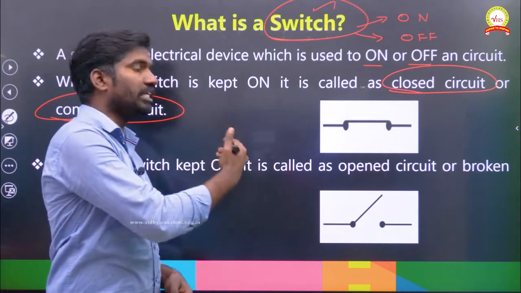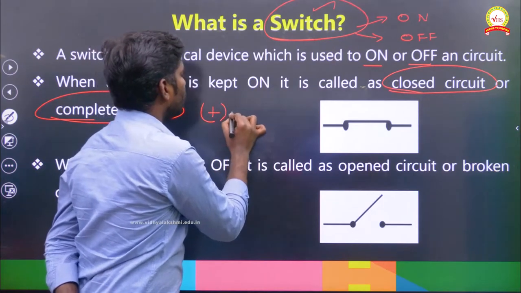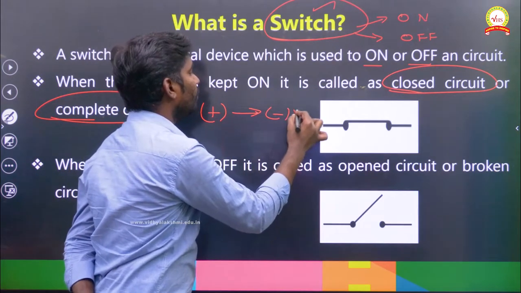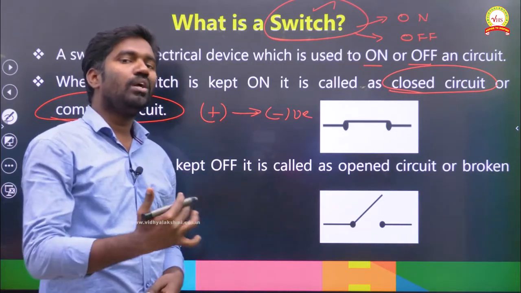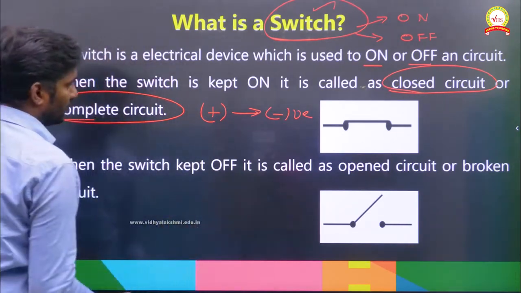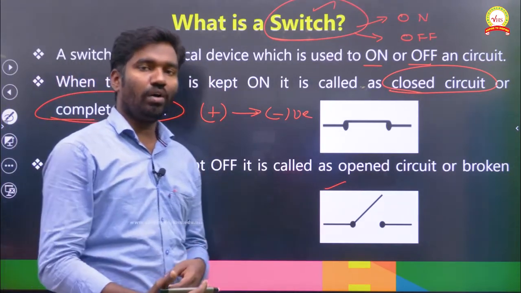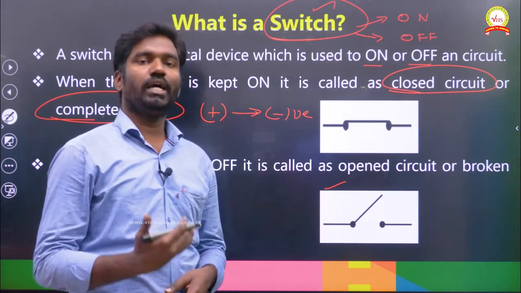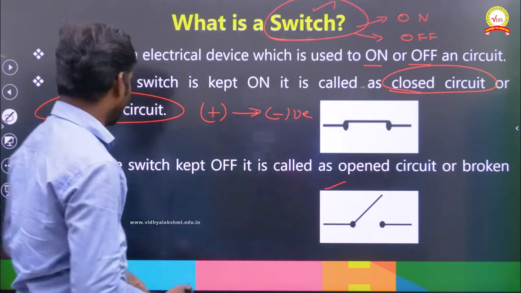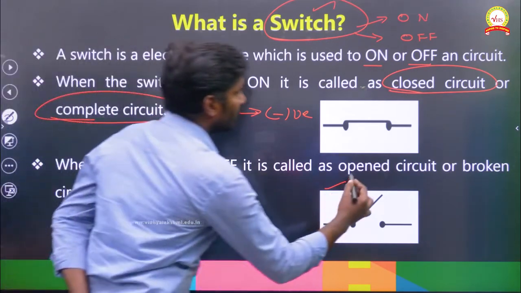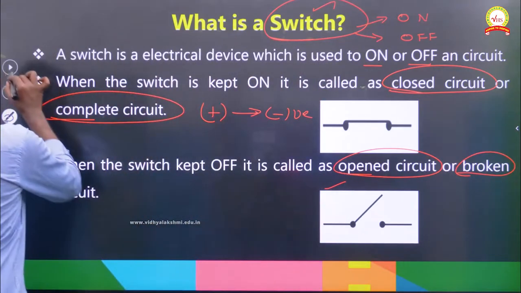So when the switch is kept on, the current is able to flow from the positive terminal to the negative terminal. Clear? This type of circuit is called a closed circuit. The second position is the off position. When the switch is kept off, the circuit is called an open circuit, or an incomplete circuit, or another name we use is a broken circuit.